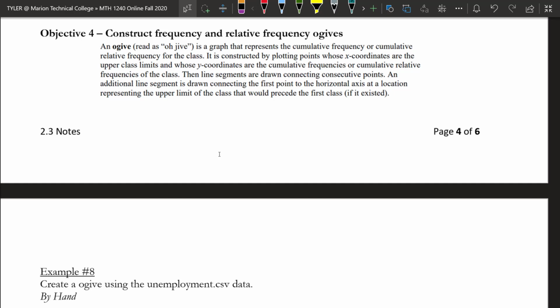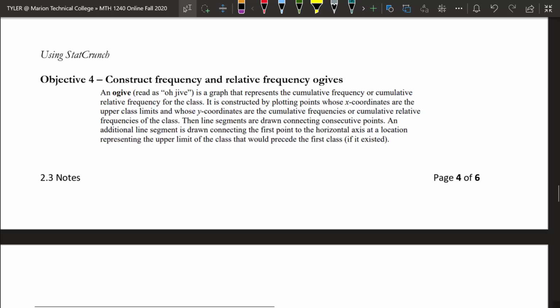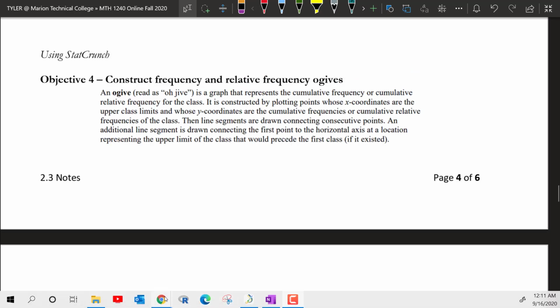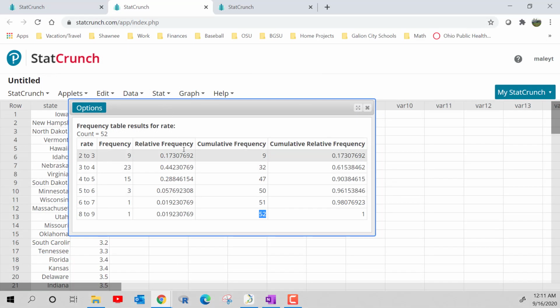So let me show you how to do that. If I pull back that table from StatCrunch, if we first want to create just a cumulative frequency ogive, the second values listed here for the rates are going to be your x coordinates.